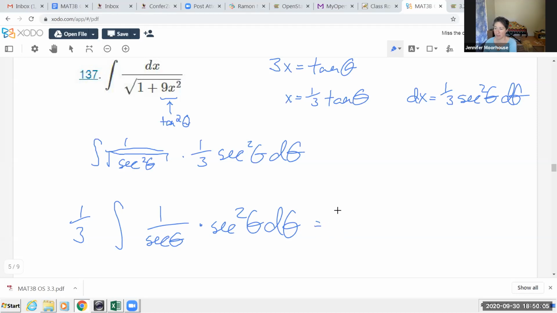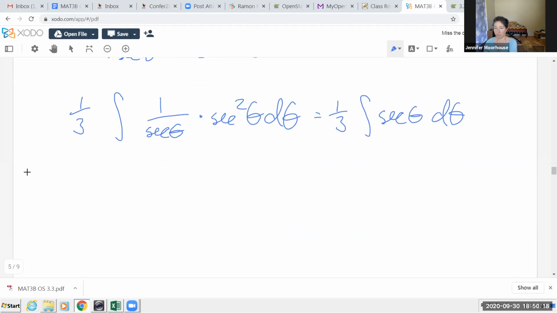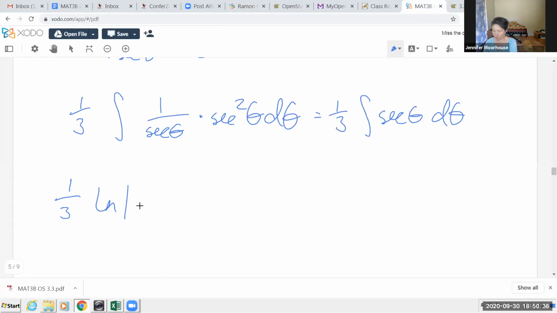And so this is just 1/3 the integral of secant theta d theta, and then you go to your table and you know the integral of secant theta. We already figured that one out, or looked it up, I should say. I didn't figure it out. It is ln of secant plus tangent, I think. Let me look. Ln of secant theta plus tan theta.